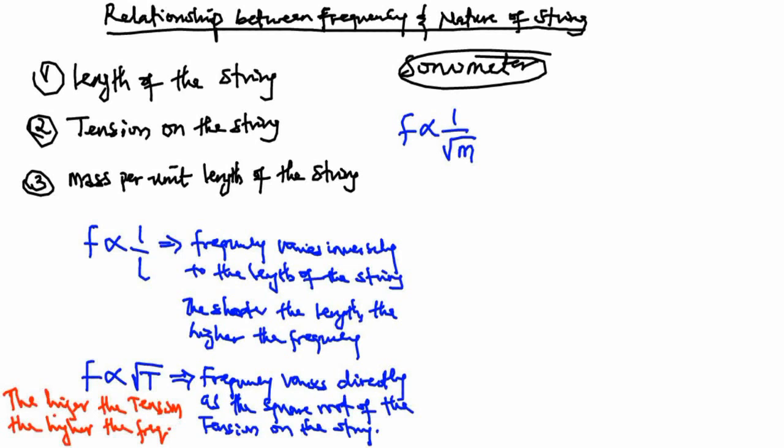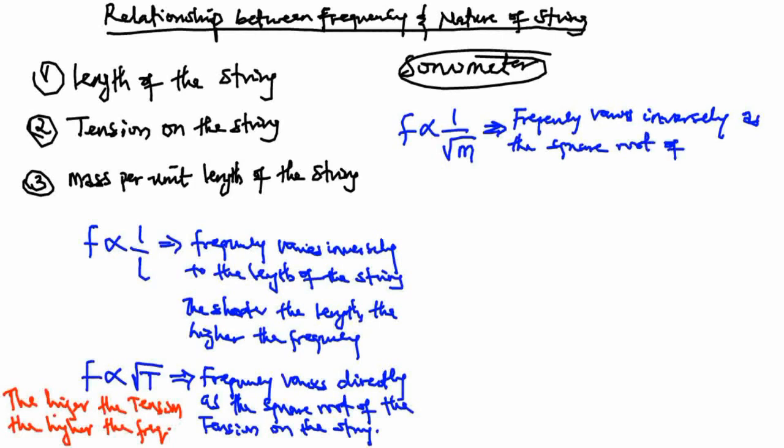So frequency varies inversely as the square root of the mass per unit length of the string.